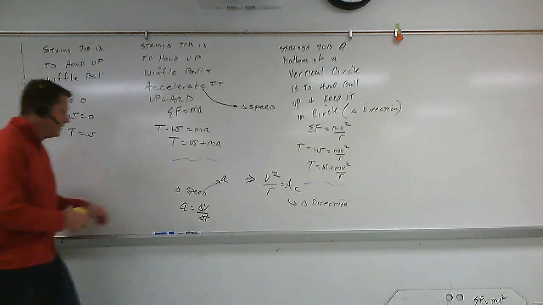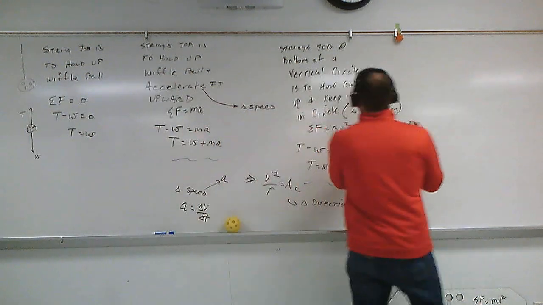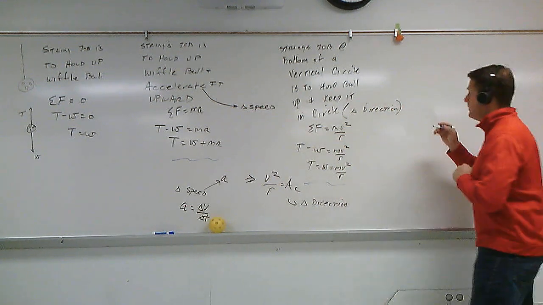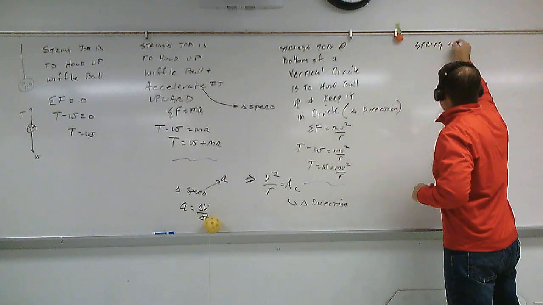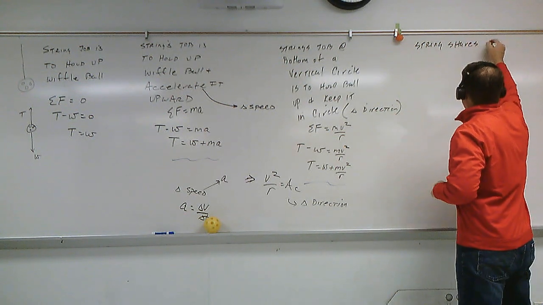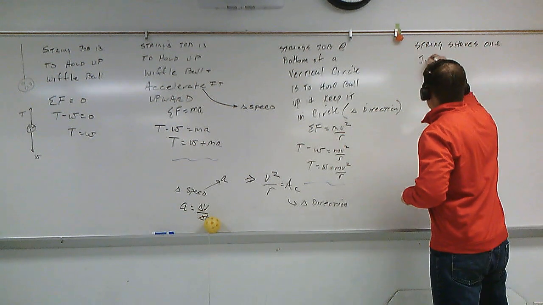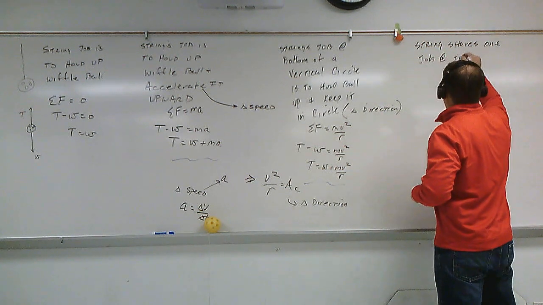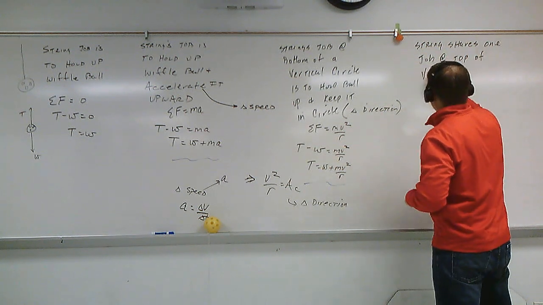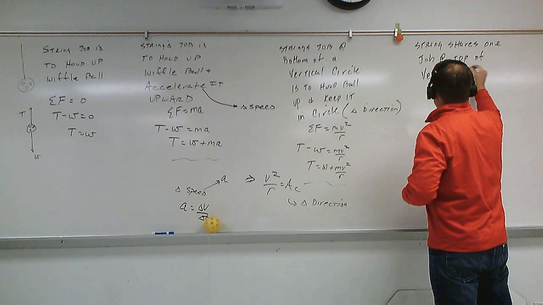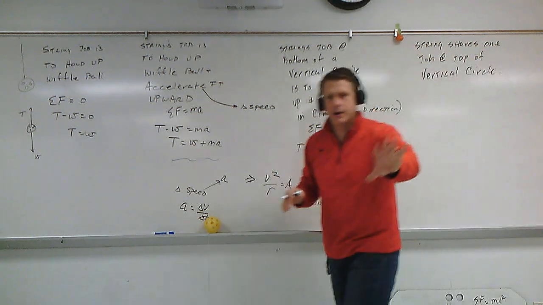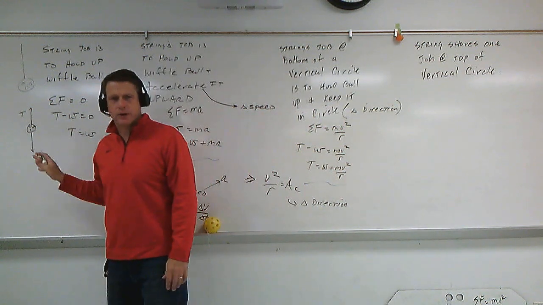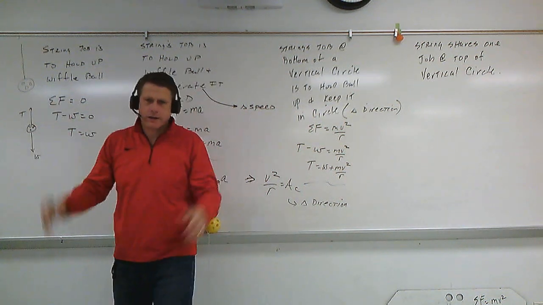Over here, when we're talking about at the top of the vertical circle, the string shares one job at the top of the vertical circle. Think about that. Like if your parents gave you one job to do, that's all right.